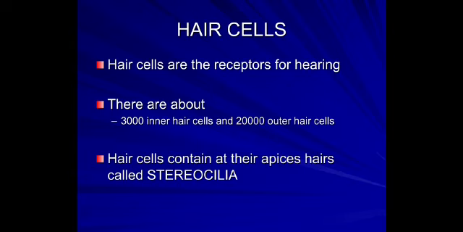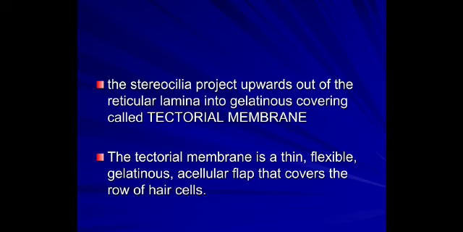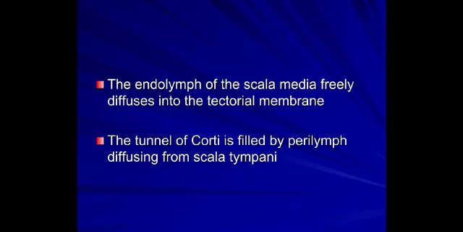The hair cells contain at their apexes the stereocilia. The stereocilia project upward out of the reticular lamina into the gelatinous covering called the tectorial membrane. The tectorial membrane is a thin, flexible, gelatinous acellular flap that covers the rows of cells.